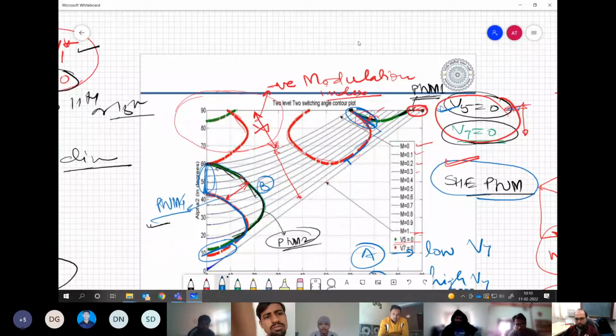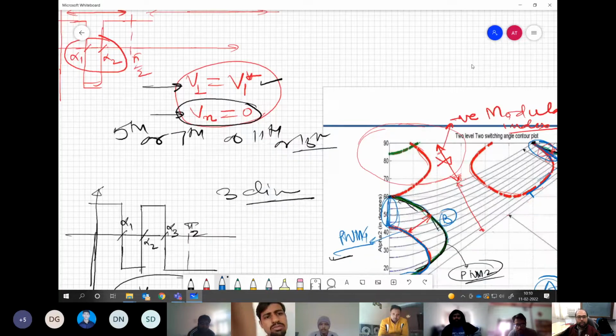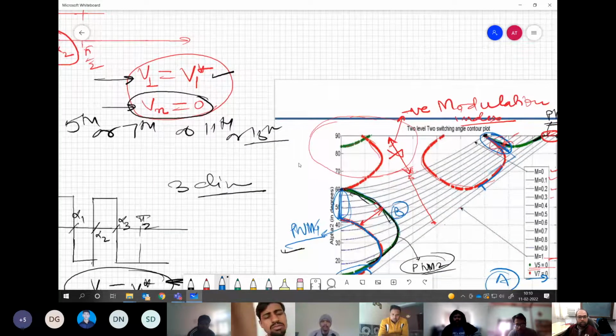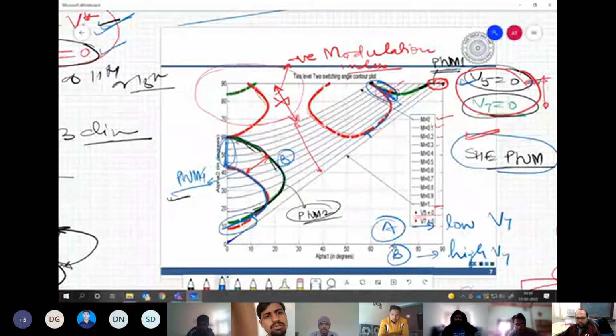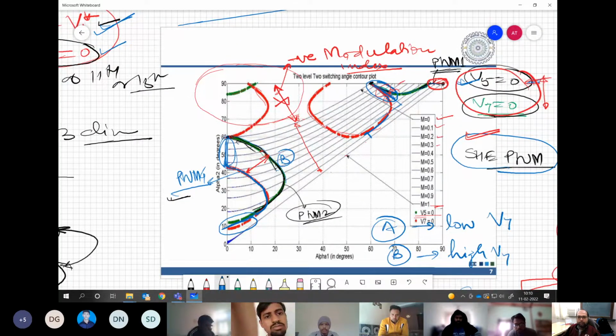So two independent equations can be solved, which is what is shown over here as well, keeping the inequality condition there. This is for two switching angles, but it can be extended for any general n switching angle case. And what we are basically finding is that by doing so, we are following one of these V5 equal to 0 curves, either this or this over here.